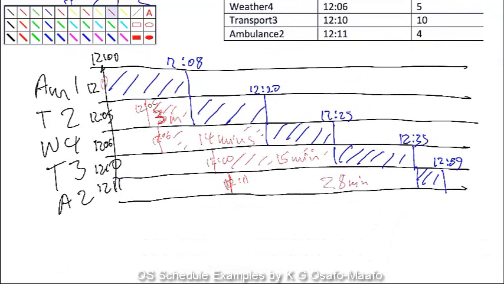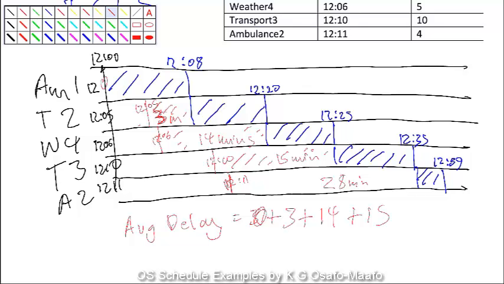Right. So the average delay is 3 plus, sorry, there's 0 as well. Sorry, 0, 3, because it's 12:05 to 12:08 when it gets to run. 14 because it's 12:06 but gets to run at 12:20. 15 because it's from 12:10 but gets to run at 12:25, and 28 divided by the number of processes 1, 2, 3, 4, 5.